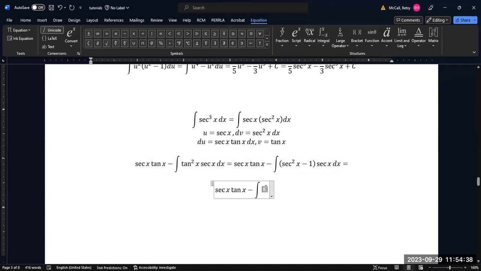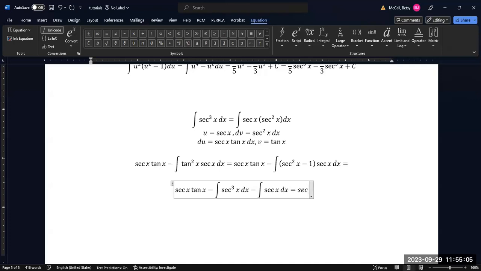Distributing my secant and my integral, I'm going to get back secant cubed of x, and in a separate integral, just secant x. Now, this integral I can actually do, so that's what I'm going to do now.